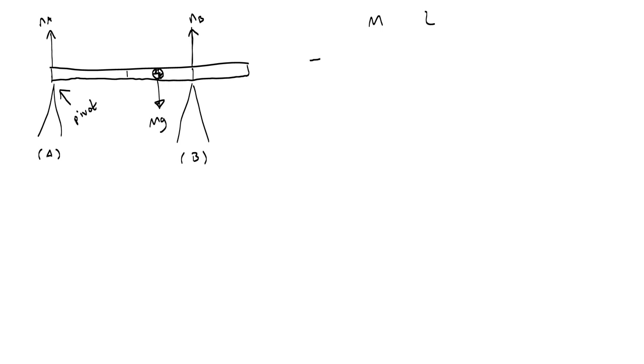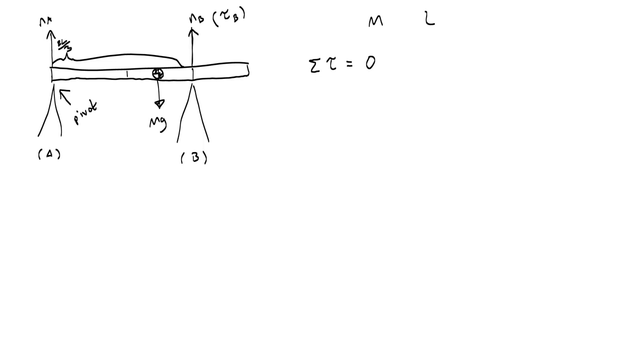So let's do that. Let's net the torques. I know that the torques add up to 0. In this case, I'm going to have a torque from NB. If I want to find the torque here, we'll call this torque B. That's going to be the normal force times the distance from the pivot, which is 2L over 3.